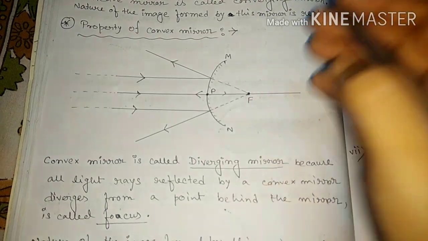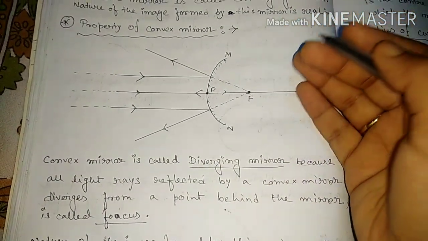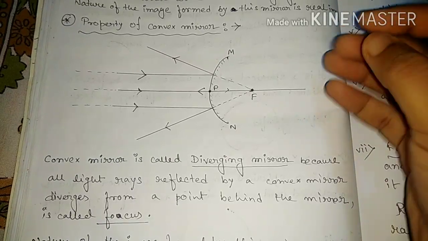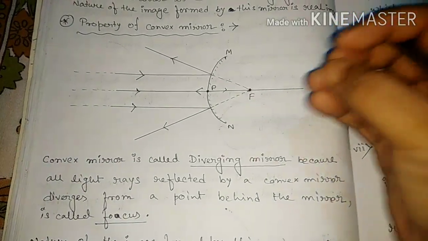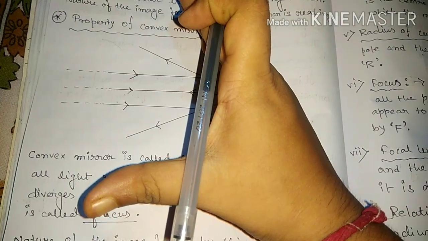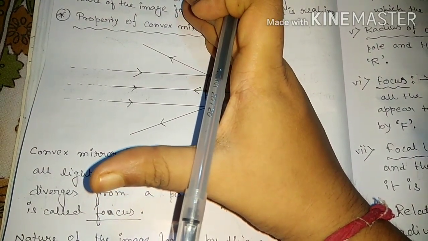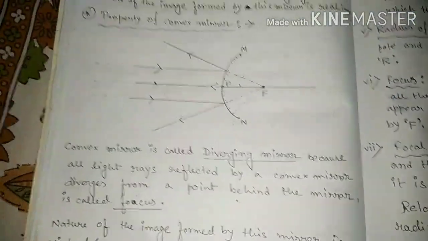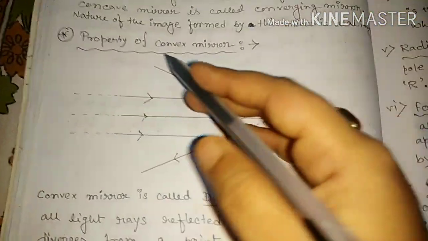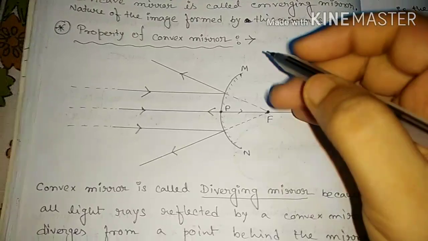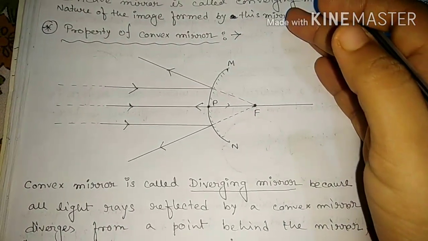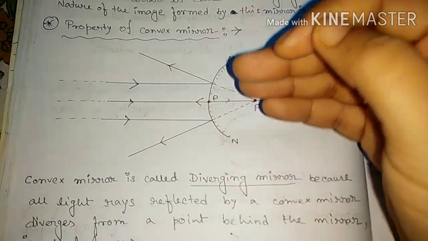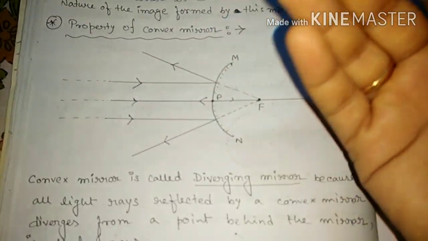We assume there is a point behind the mirror from where these light rays diverge. This is one property of the convex mirror, and that's why the image formed by a convex mirror is always virtual and erect. We also studied in the last class that virtual means the image which cannot be obtained on a screen.